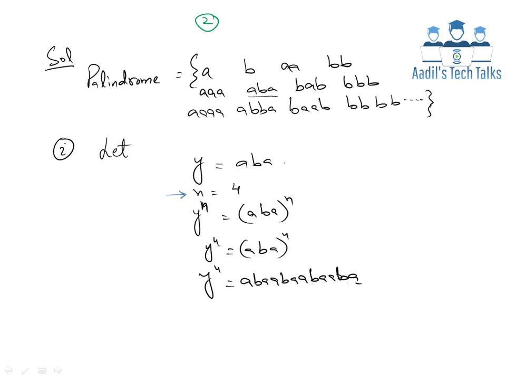Now as n is equal to 4, y to the 4 is ABA raised to power 4. So y4 is 4 times ABA: ABA ABA ABA ABA. Now if you read it in reverse order, you will get ABA ABA ABA ABA, which is the same string, which is also in palindrome. So it is proved that if y is in palindrome, then so is y raised to power n.